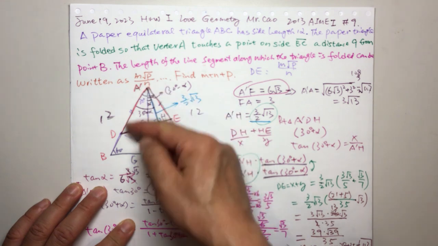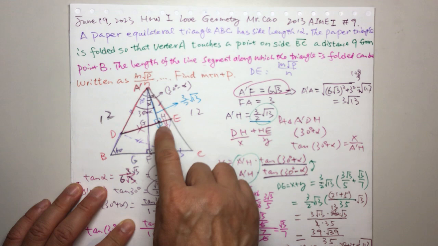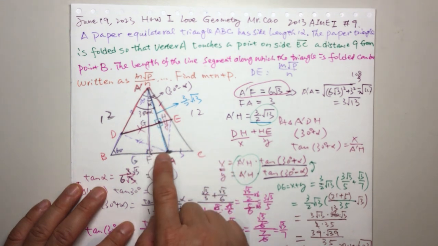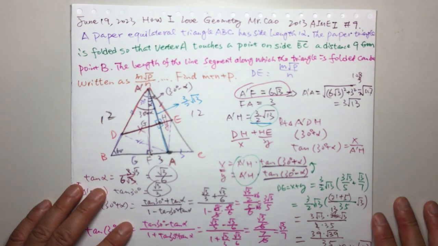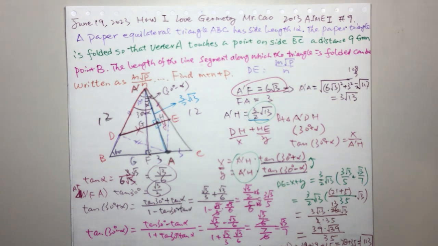We can easily get special right triangles, easily get some angles' trigonometric values, and use the trigonometry formulas to find what we want.